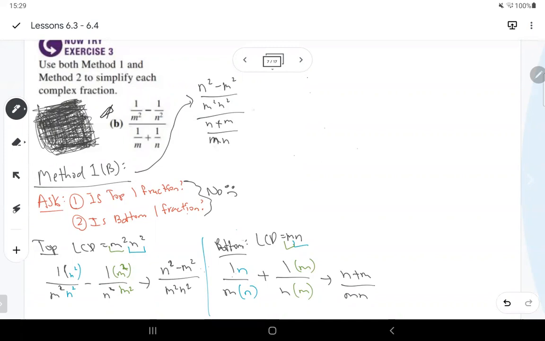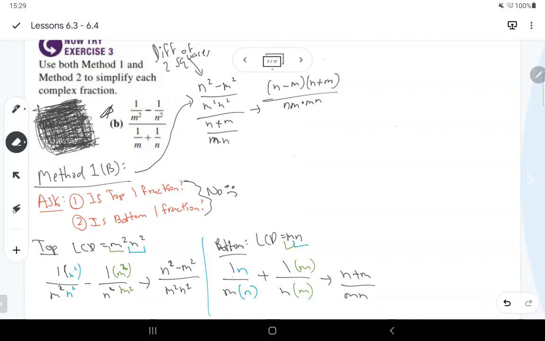Okay, so we can go to factoring now. Remember, this is a difference of two squares. So we can do n minus m and n plus m over m times n times m times n.